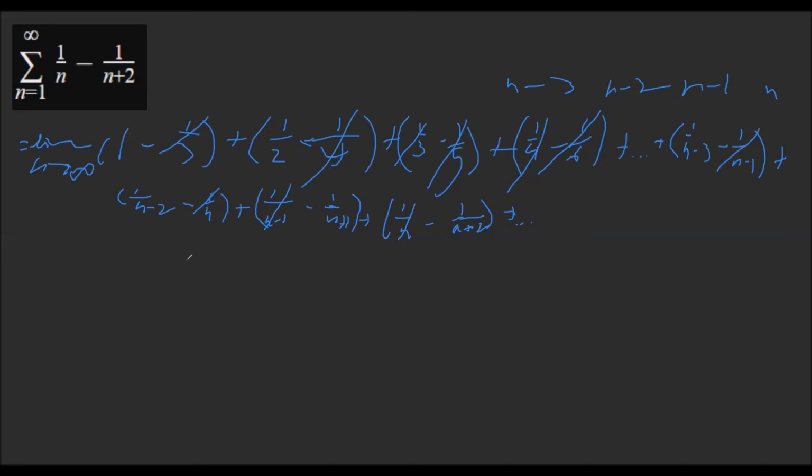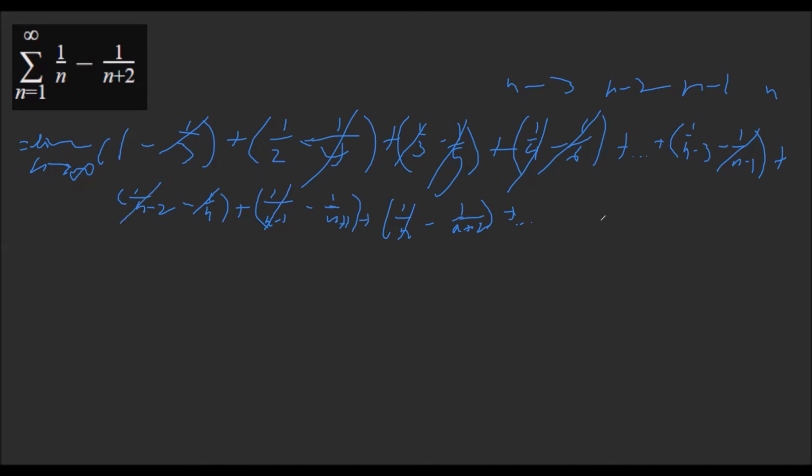1 over n minus 2 does, sorry, it does have a corresponding term. However, it's not seen here. If we were to take the fifth to last term, we would end up with a negative 1 over n minus 2. And so we can cross that out.